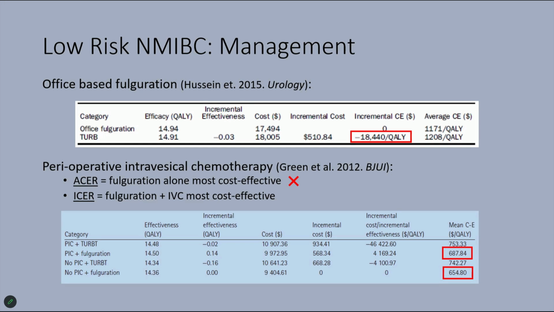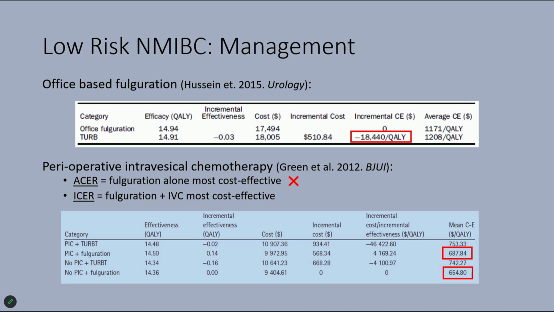This was another study which actually based its conclusion on the average cost effectiveness ratio, or ACERs, rather than the ICERs. And in fact, it resulted in a misinterpretation of their results, claiming that fulguration alone was most cost effective. Indeed, fulguration dominated operative TUR, as seen in the Hussein study.